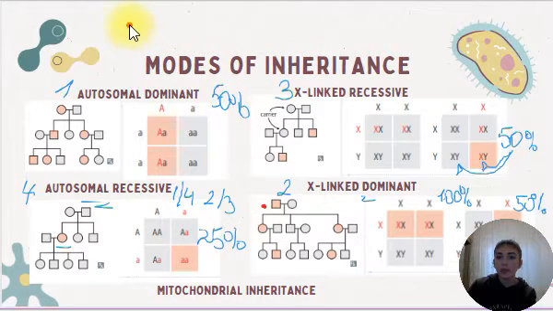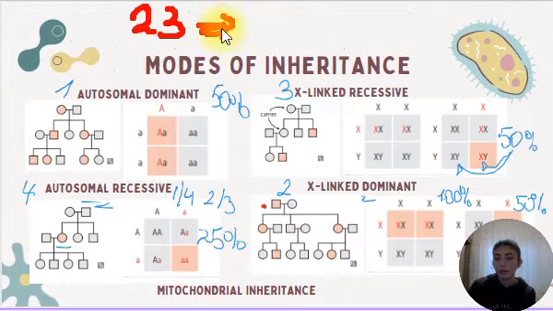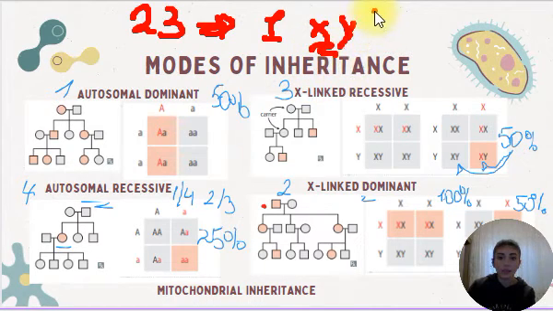You know that we have 23 pairs of chromosomes in our cells, right? One of these pairs is sex-linked, right? It determines your sex. It's either XY for men or XX for women, right?